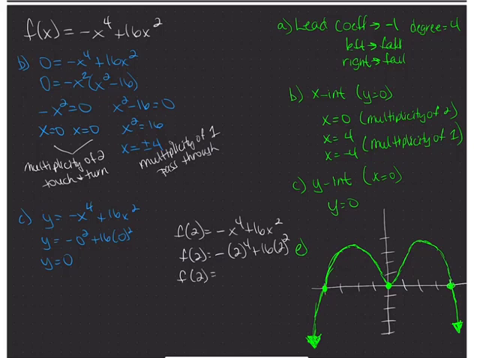So f of 2 equals -2 to the 4th is 2 times 2 times 2 times 2, which is going to be 16, plus 16 times 4. 16 times 4 is 64, right? 32, yep. And then f of 2 is going to equal 58. Whoa!